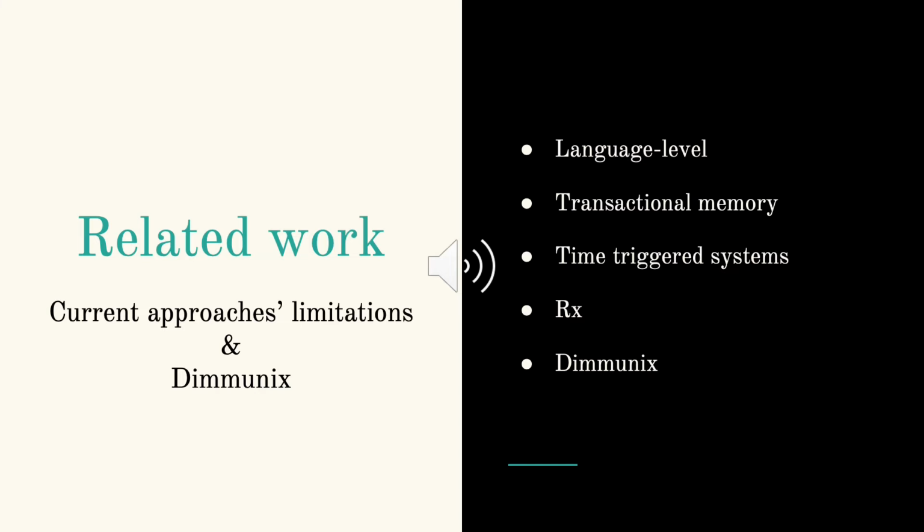Language-level approaches use powerful type systems to simplify the writing of lock-based programs and avoid synchronization problems, but they are strict to developers and require them to adopt new languages. Transactional memory is simpler than language-level approaches.